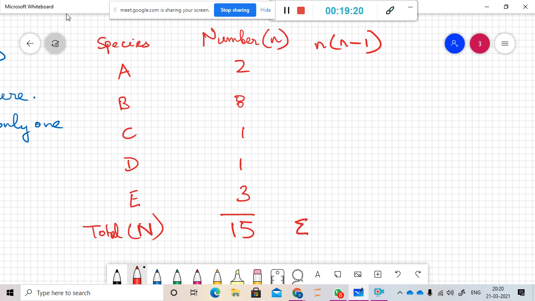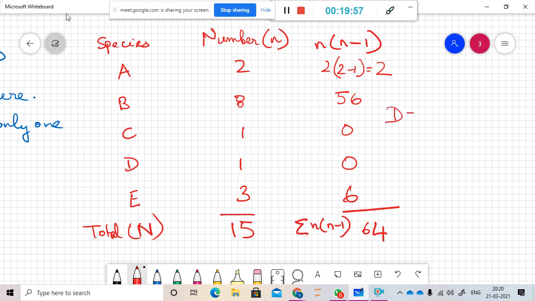So this is sigma n into n minus 1. So 2 into 2 minus 1, that is 2 into 1, which is equal to 2. Similarly, this will become 56, 0, 0, 6. And the total of this, sigma n into n minus 1, is equal to 64.